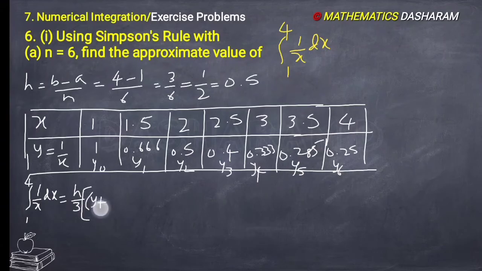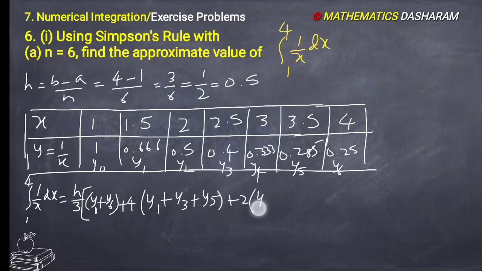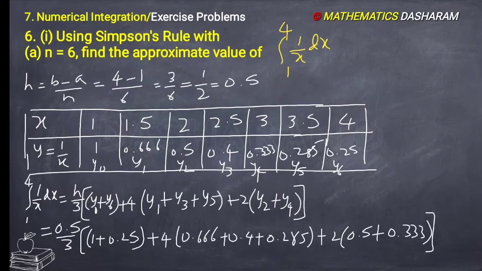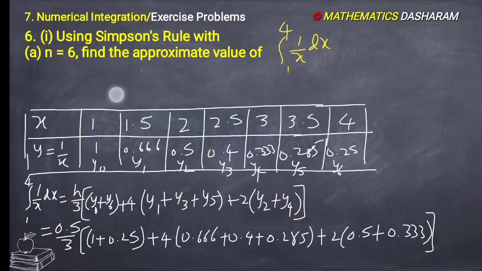So the sum of the first and last ordinates, y0 plus y6, plus 4 times the bracket of the odd ordinates y1, y3, y5, plus 2 times the even ordinates y2, y4. Now let's substitute the values in this. Next, let's simplify the answer.